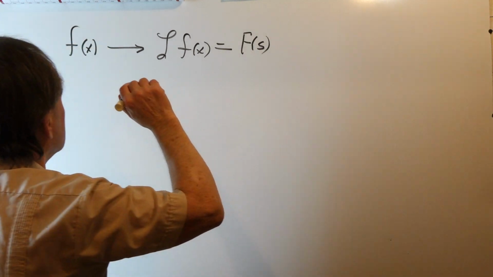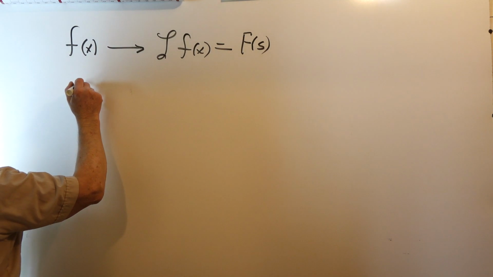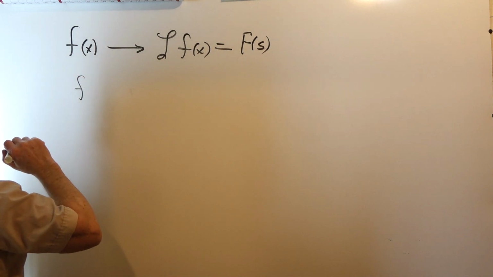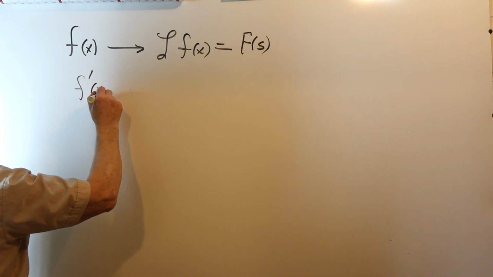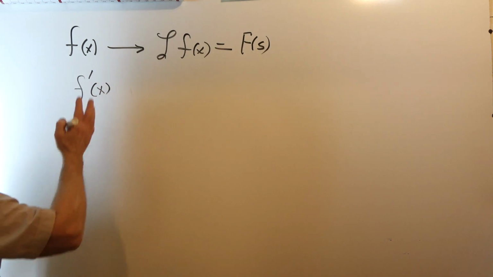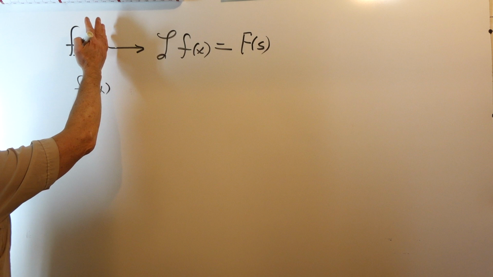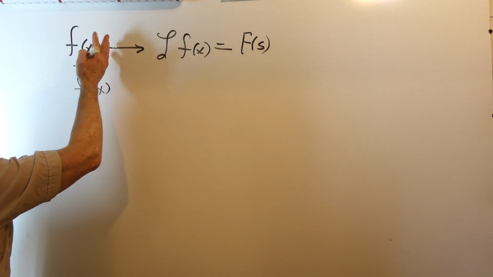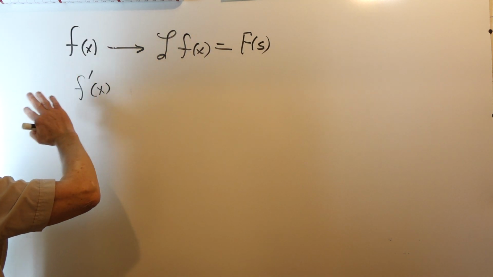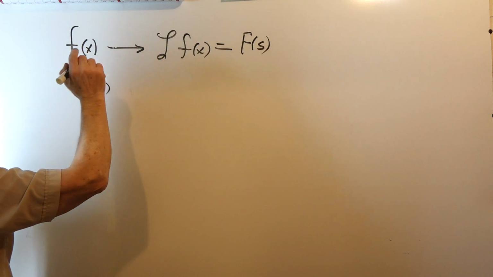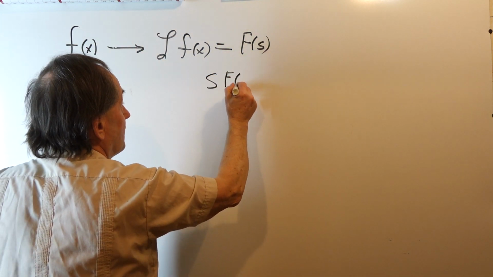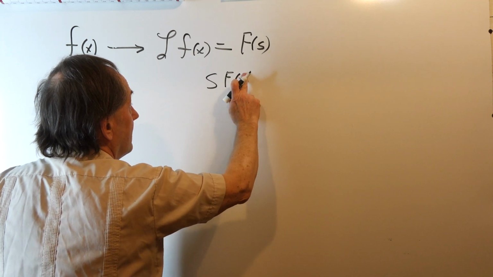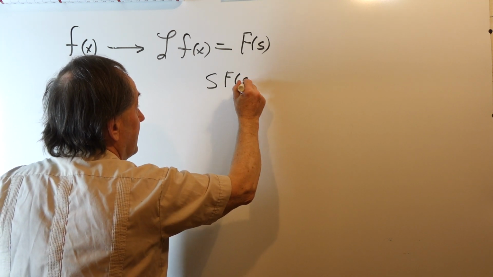Now, to differentiation using Laplace transforms, I've discussed this in other videos, but if I take the derivative in our x or time domain, in the Laplace domain it's just multiplying the transform function by s.